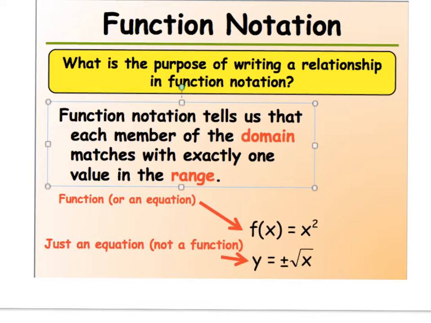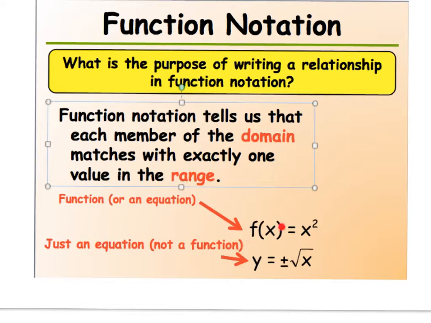Well, function notation tells us that each member of the domain matches with exactly one range. So for it to be a function, remember every input can have only one output. So if it is a function, that holds true. We could have it as an equation, though, where it doesn't hold true.